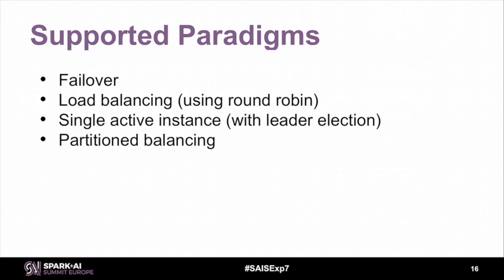I want to have a single instance running. Think about a scheduling service where you need to have only one instance running, and if that instance goes down, there must be a leader election mechanism that determines who is going to be the next leader. And of course, partition balancing, if we want to partition our calls through some partitioning key.